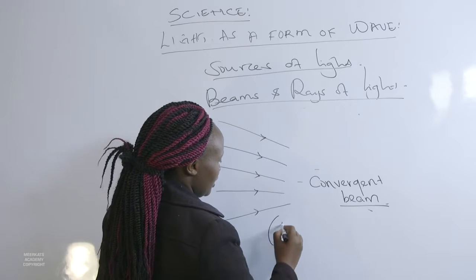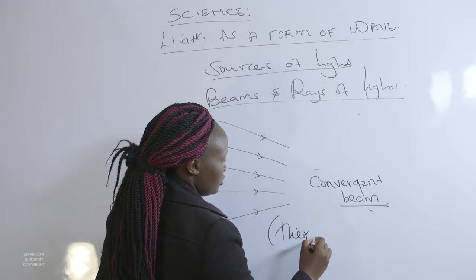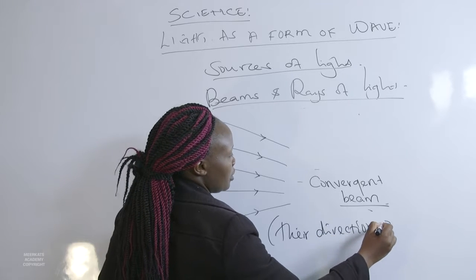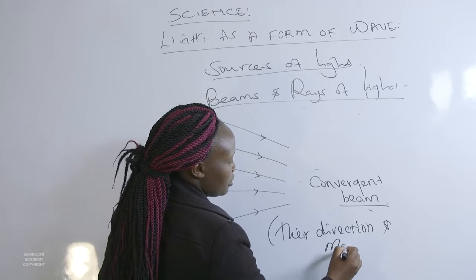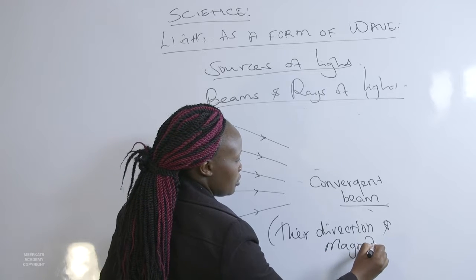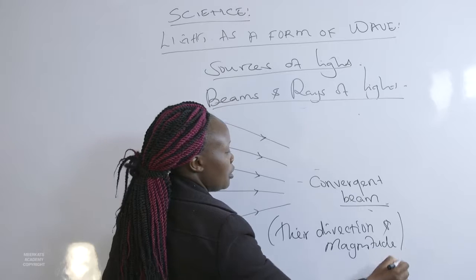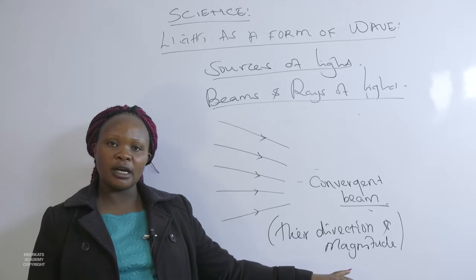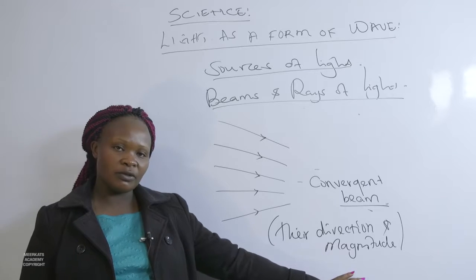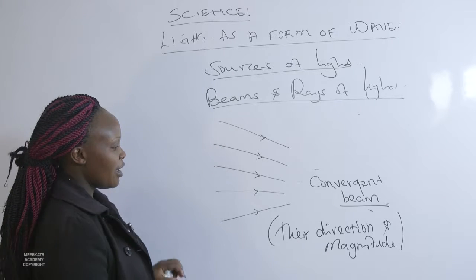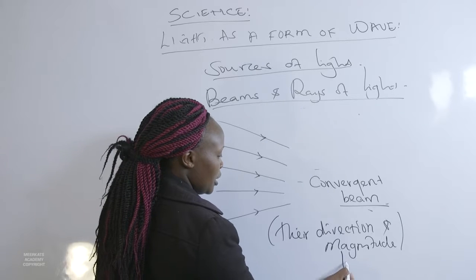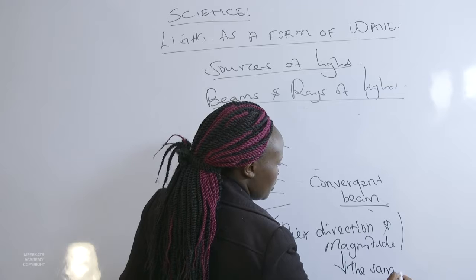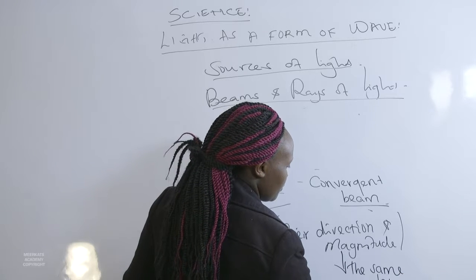Note that their direction and magnitude should be the same, which means that because they come from a monochromatic source of light, they have the same intensity.